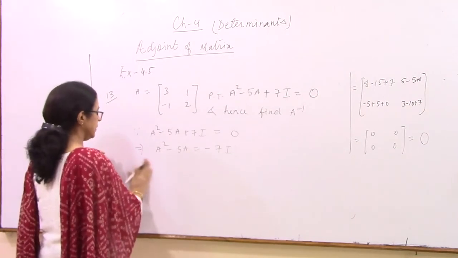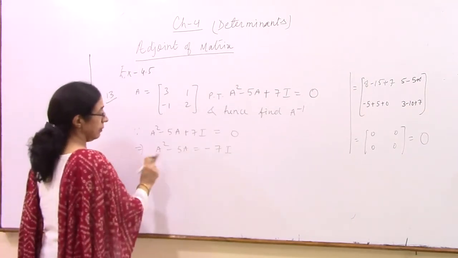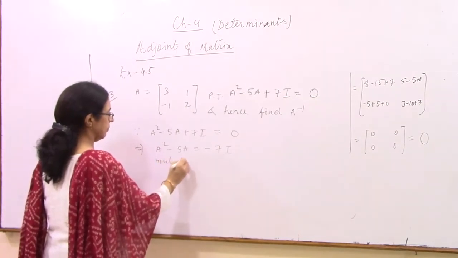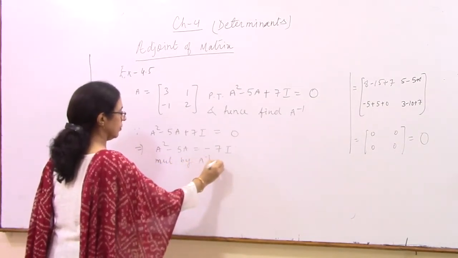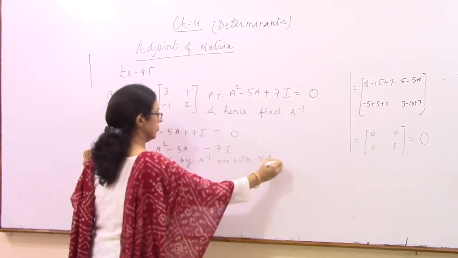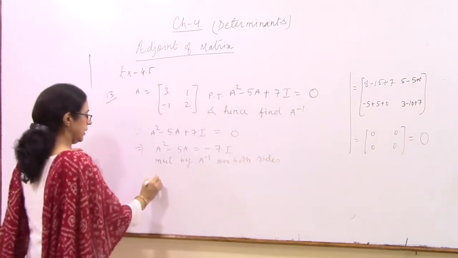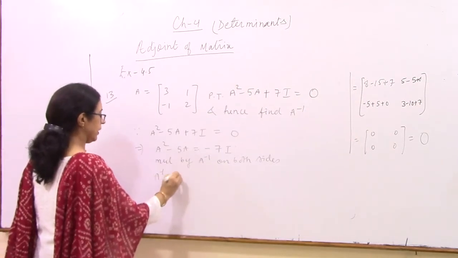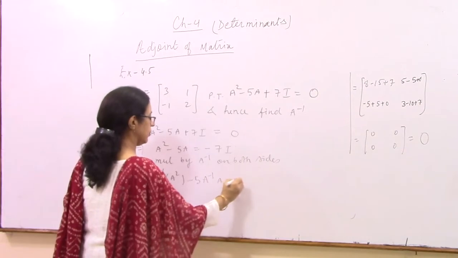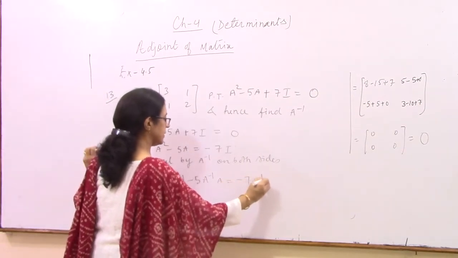Now multiplying the above equation by A inverse on both sides. Then A inverse A square minus 5 A inverse A equal to minus 7 A inverse I.